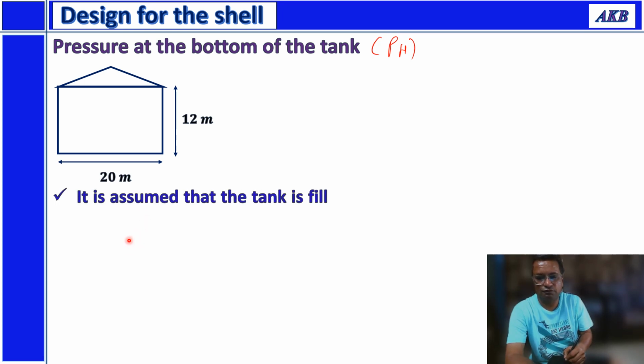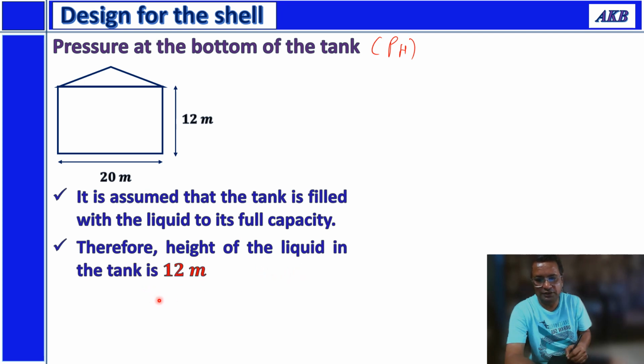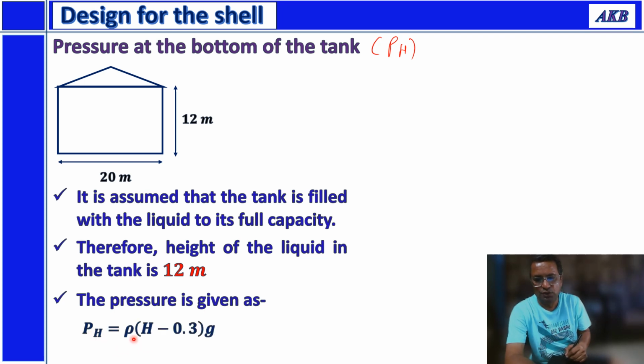For calculation of pressure, it is assumed that the tank is filled with the liquid to its full capacity. That means height of the liquid in the tank is 12 meter. Now the pressure is given by this formula: pH is equal to rho into (H minus 0.3) into G. Why this equation? Because as per standards we are supposed to calculate hydrostatic pressure at a distance of 300 mm from the base.